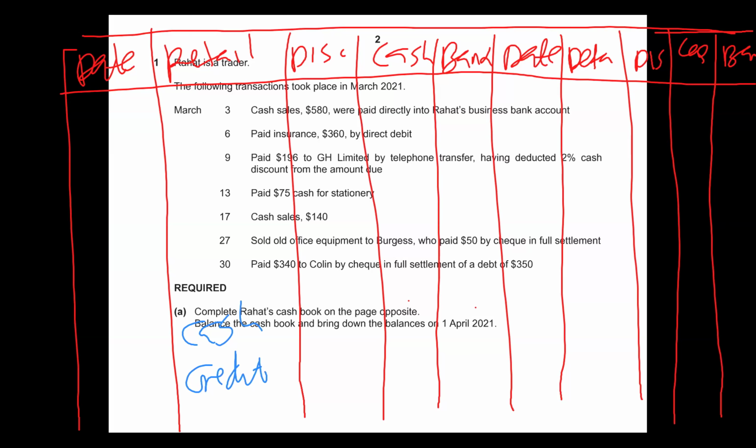What does it mean to sell on cash? It means when you give the product, the good or the service, then the person gives you money there and then. That's a cash sale. But if that person is going to pay after a certain period of time, then we say we have made a credit sale.